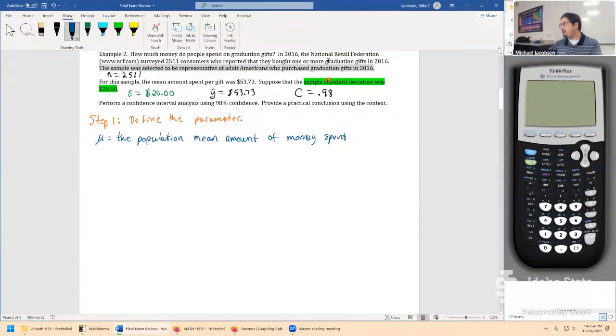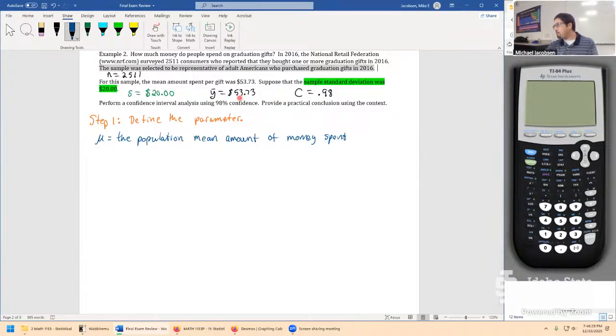But this is all about graduation gifts. Things like, I don't know, fancy pens, a book, maybe depending on your parent, a Ferrari, who knows how wealthy you are. But this is just about graduation gifts. Noticing that the sample mean is $53.73. Looks like no one got a Ferrari in the sample of size 2,511, or else this amount would have probably been a lot bigger. So we would have almost certainly had an outlier there.